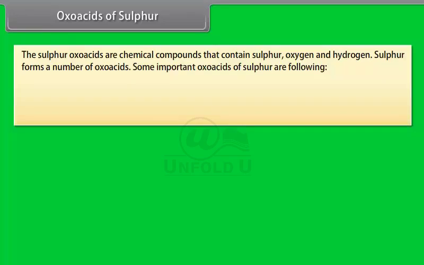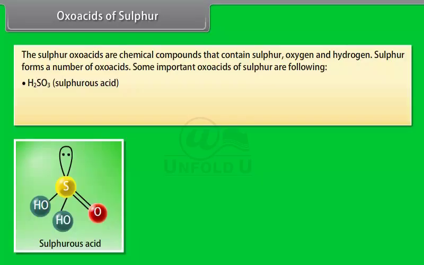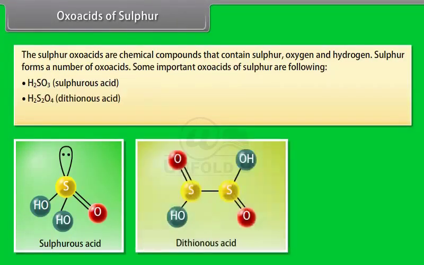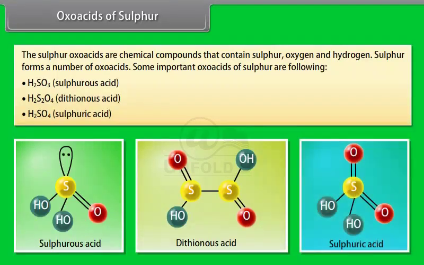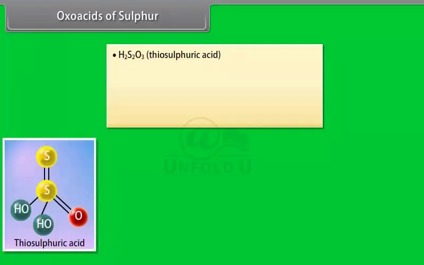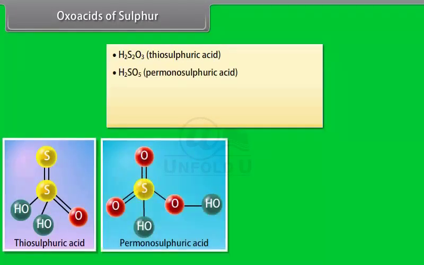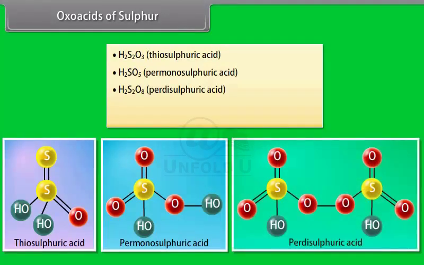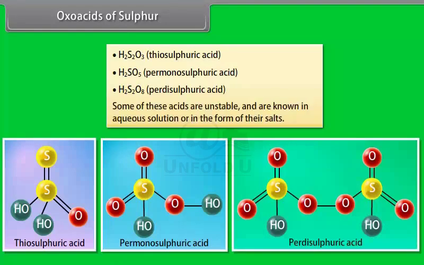Some important oxoacids of sulfur are the following: H2SO3, sulfurous acid; H2S2O4, dithionous acid; H2SO4, sulfuric acid; H2S2O3, thiosulfuric acid; H2SO5, peroxymonosulfuric acid; H2S2O8, peroxydisulfuric acid. Some of these acids are unstable and are known in aqueous solution or in the form of their salts.